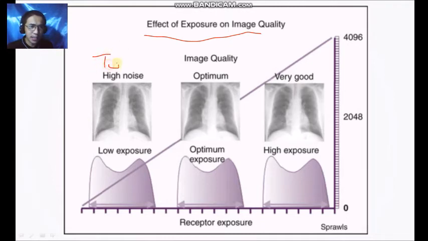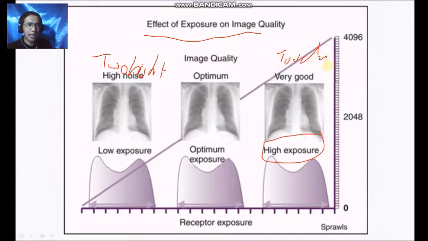Like for example, in this one, the image was too bright. That means the film was underexposed. And then on this image, the original image is too dark, but the displayed image is of optimum contrast and density.